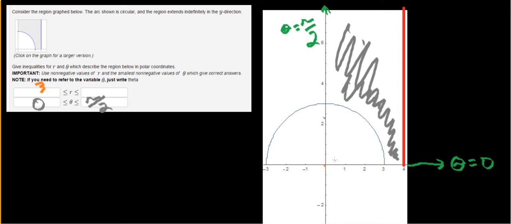Alright, now to figure out what our upper boundary of r is. We need an upper boundary for r that will go all the way up until this line but never pass it. How do we figure out what that is? What would be our equation for r there?